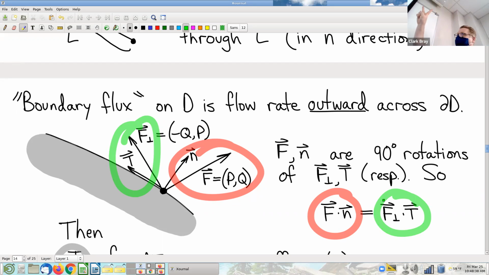So for my two fingers here, each finger has a magnitude, and there's an angle between them. If I rotate them both the same amount, the lengths don't change, the angle in between them doesn't change, the dot product doesn't change. So these two dot products are the same.